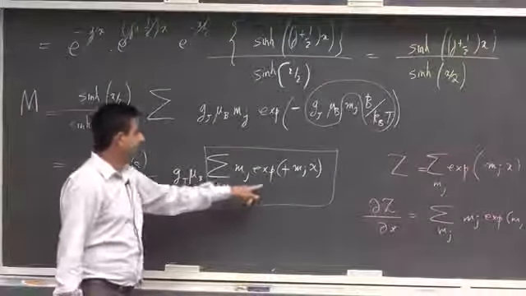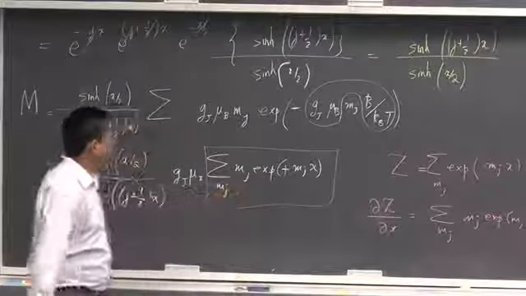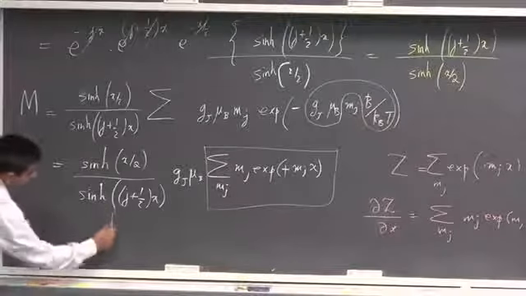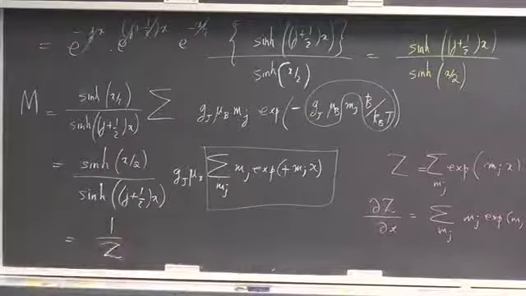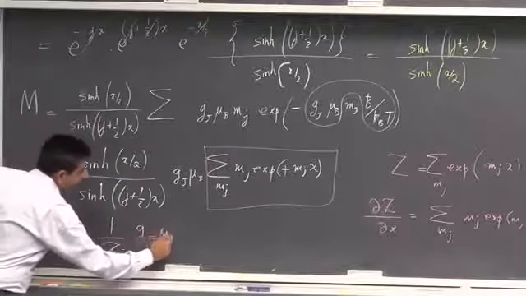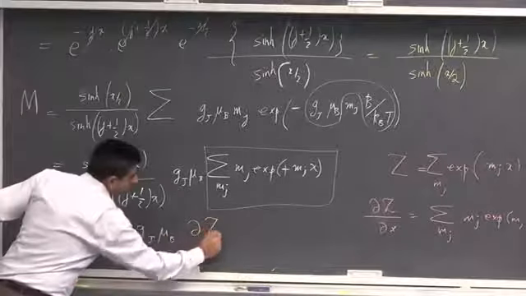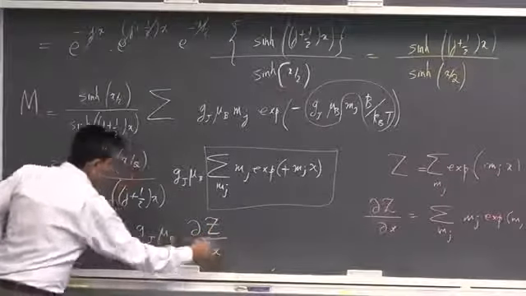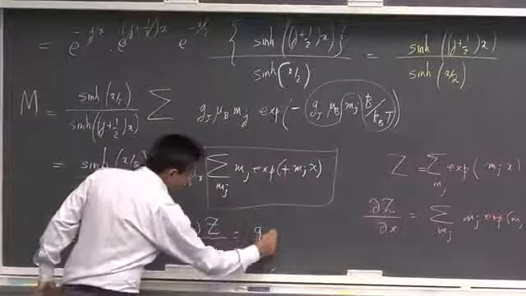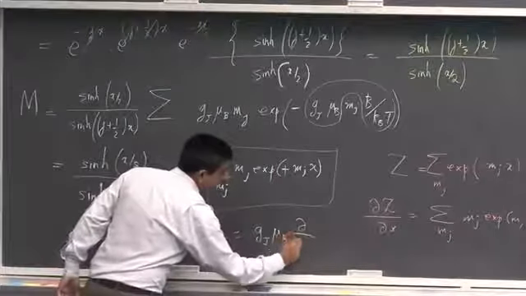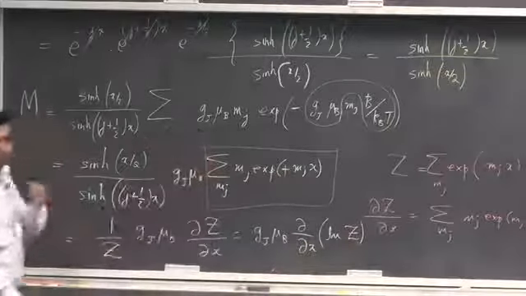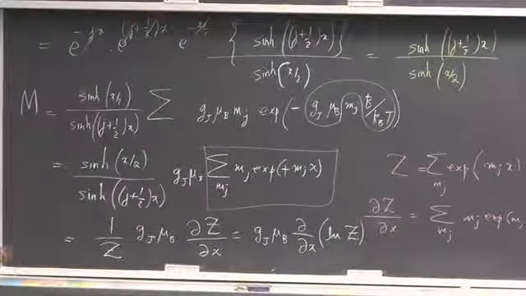So this thing is in fact the derivative of the partition function. So what we now have is 1 over z, gj μB, the derivative of the partition function with respect to x. And this is simply gj μB, the derivative with respect to x of the natural log of z. So this is the magnetization.